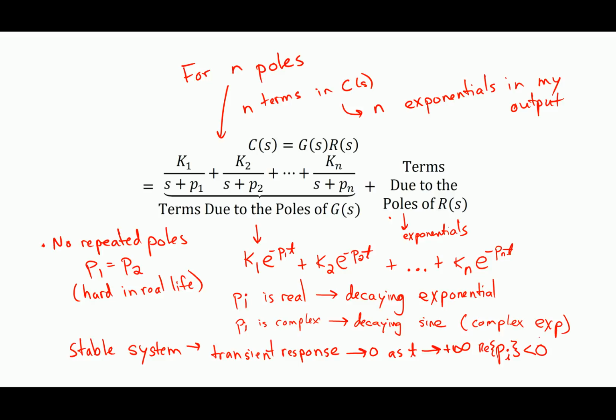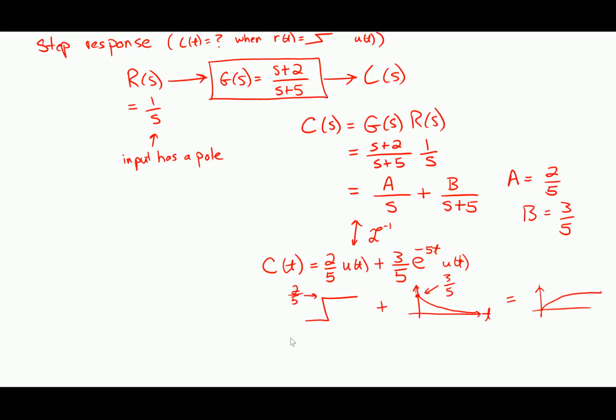The only way for these things to go away is if the real parts of the p sub I are less than 0 and these are decaying exponentials. So to have a stable system, all the real parts of my poles must be negative, meaning all my poles are in what we call the left half of the complex plane, so that my transient response goes away.